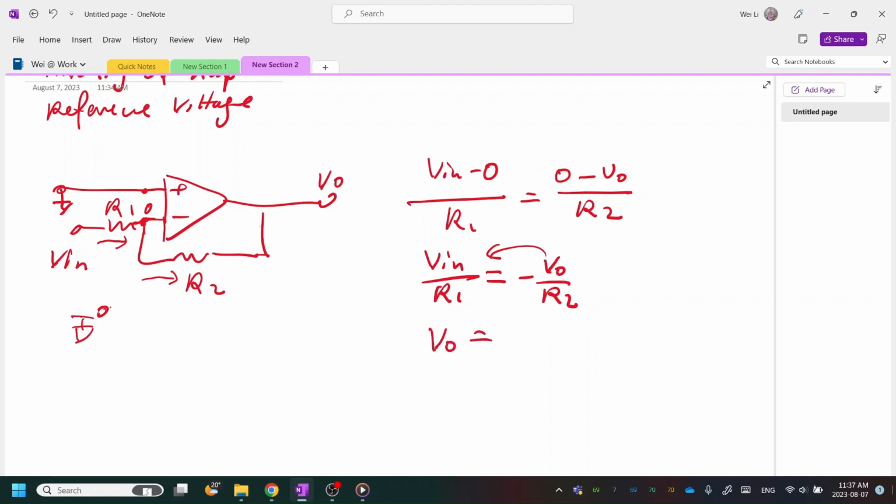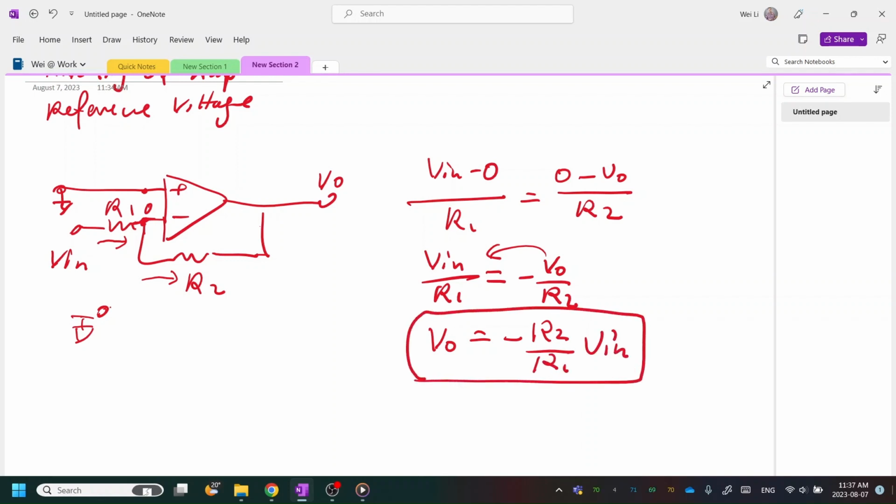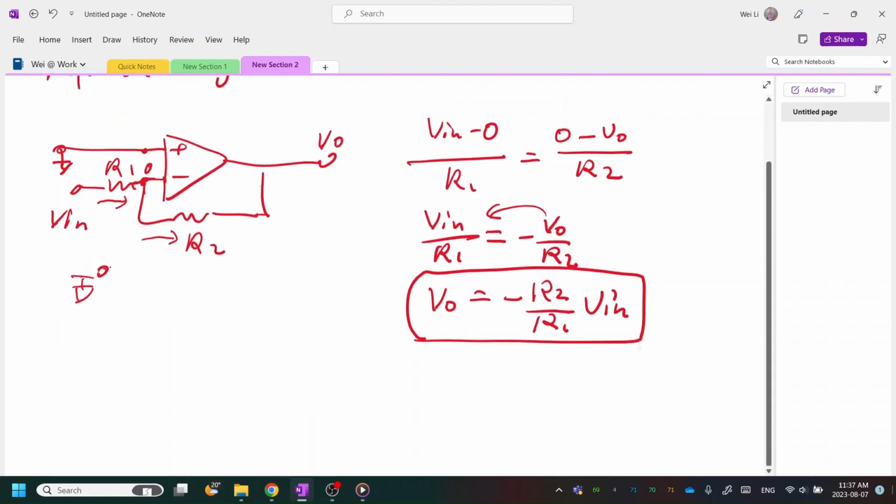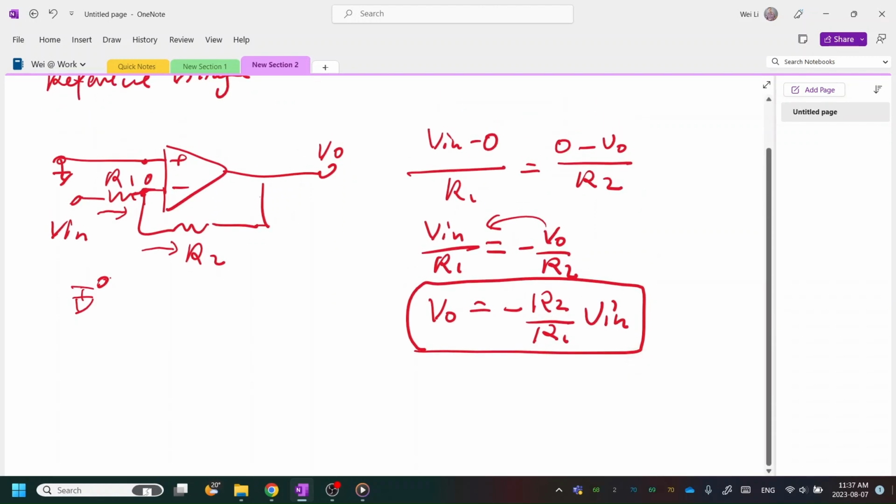We have V out equals minus R2/R1 times V in. Okay, so this is the basic equation we all know. It's very straightforward. So the signal will be either amplified or attenuated based on the R1 R2 ratio, and the phase will be 180 degrees between the V in and V out.